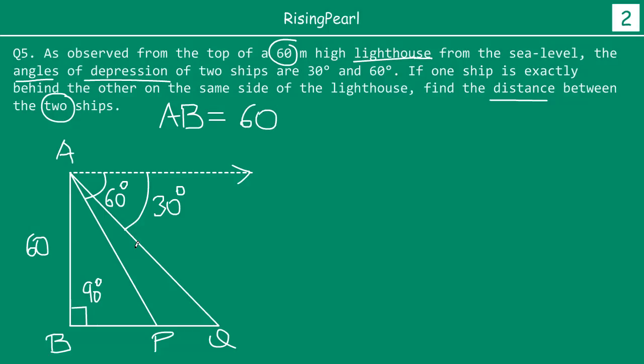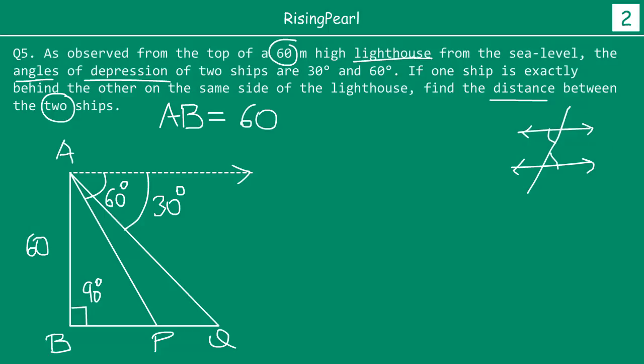Now the angle of depression for the first ship, this is actually very important to understand, friends. Let's say you have two parallel lines, and you have a transversal that cuts both the lines. Now this angle and this angle are equal. They are alternate interior angles and they are equal. So if you have two lines which are parallel and if they are cut by one transversal, then alternate interior angles are equal.